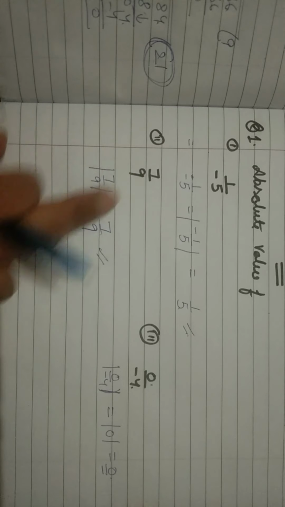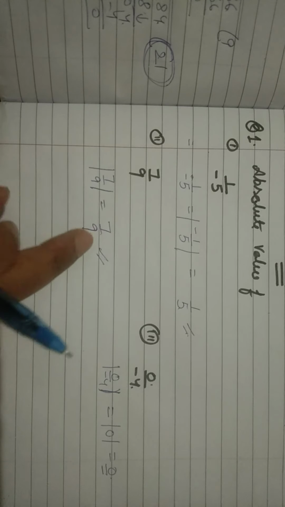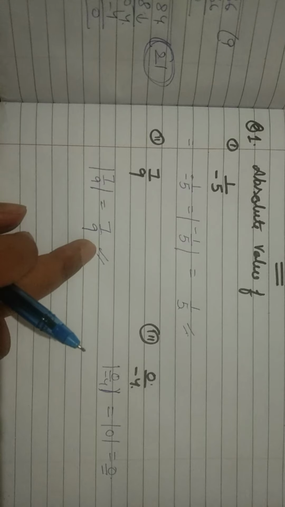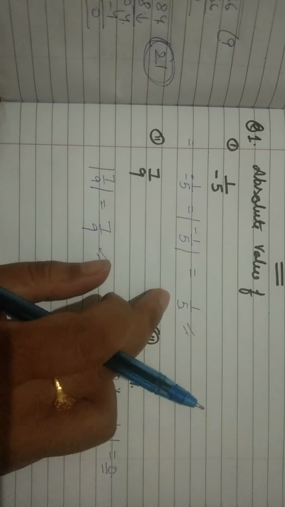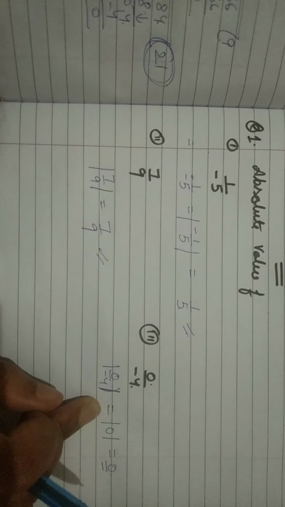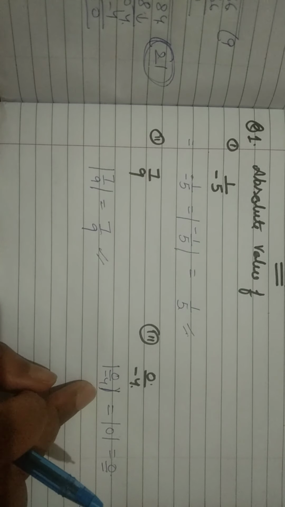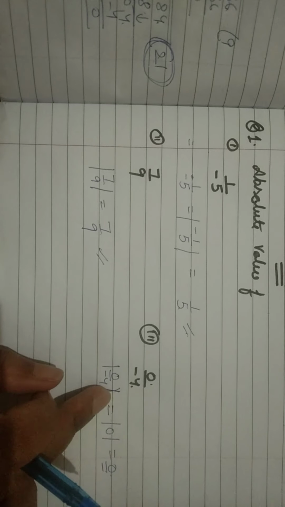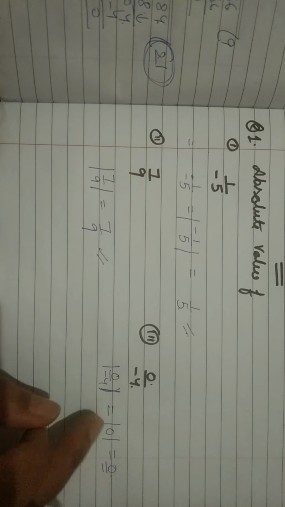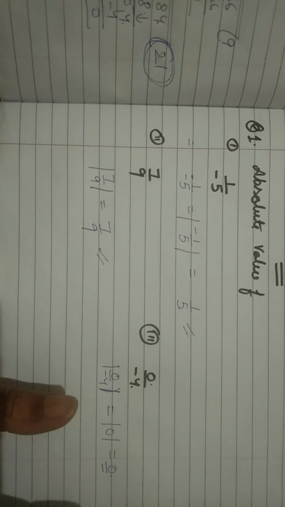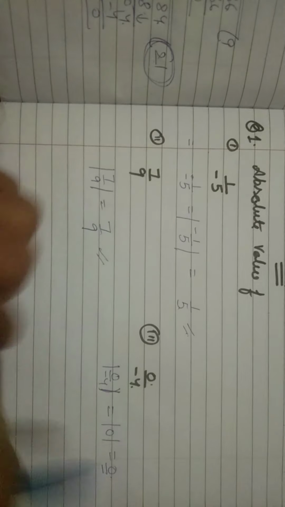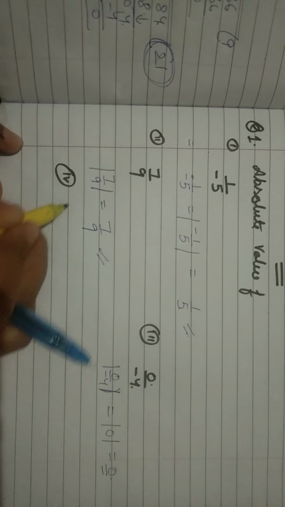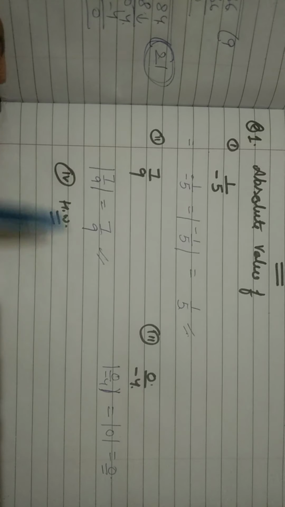The same is coming, right? The same answer as the question. That means the absolute value of any rational number is either equal to or greater than the given rational number. And the third case we have taken is that if 0 is given, 0 divided by any number we know is equal to 0, and the absolute value of 0 is always equal to 0. So this was your absolute value. The fourth part is also there, that is your homework. Try it yourself. It's very simple, you can do it.